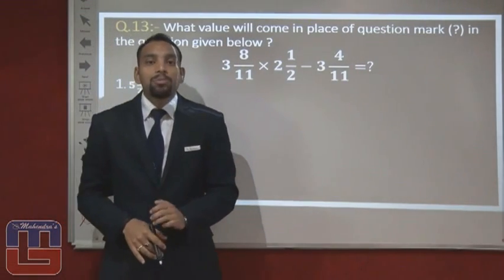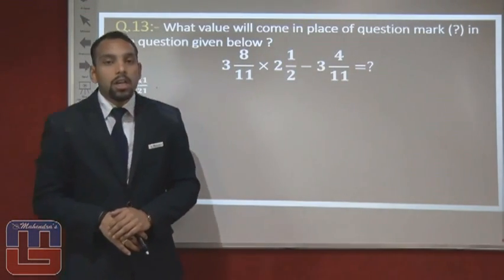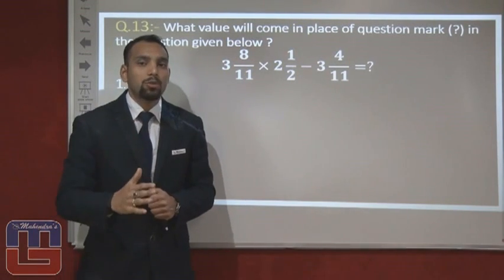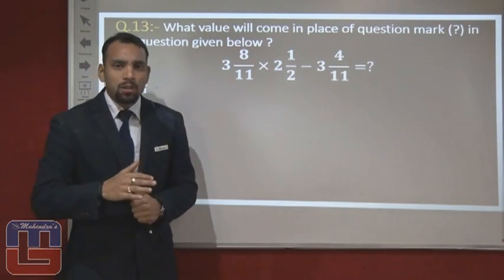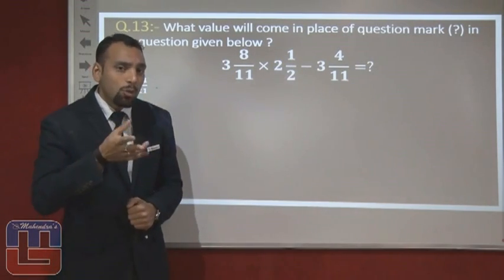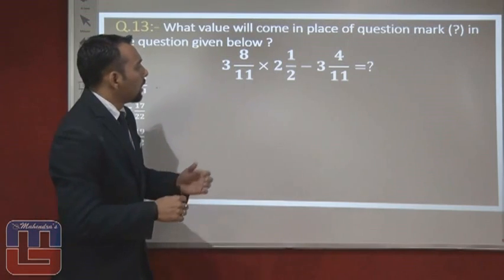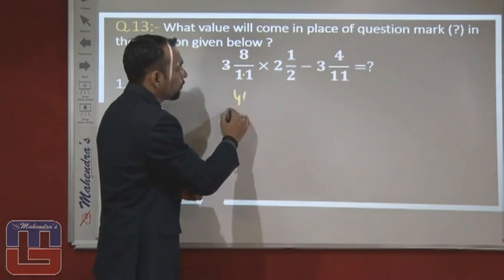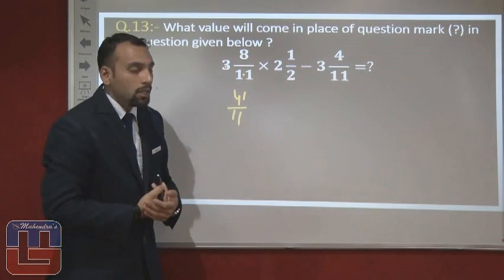The next question is from simplification. Now, if you face such a type of question in your examinations, don't panic. The question seems to be tough, but it is very easy. Now see, this 3 8 by 11 we can write as 41 by 11.